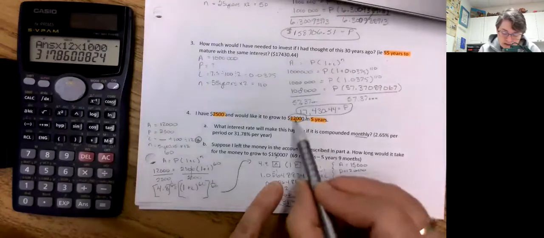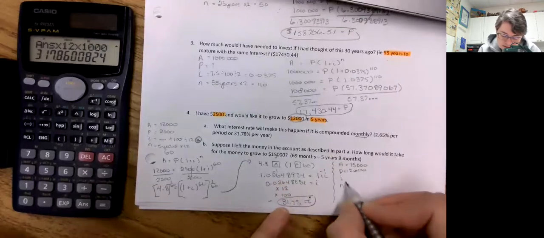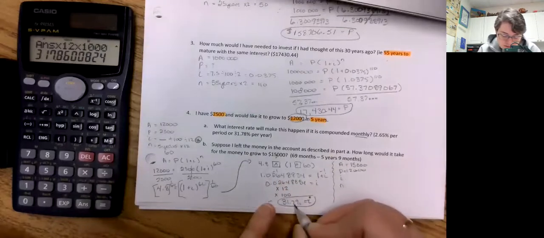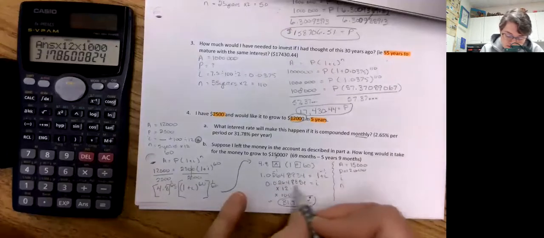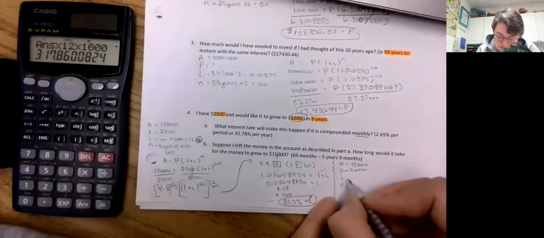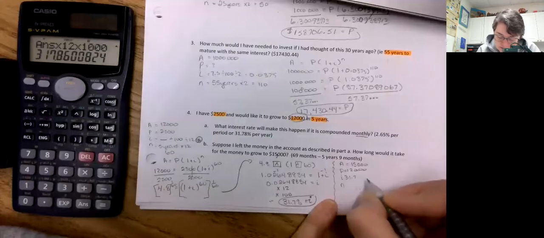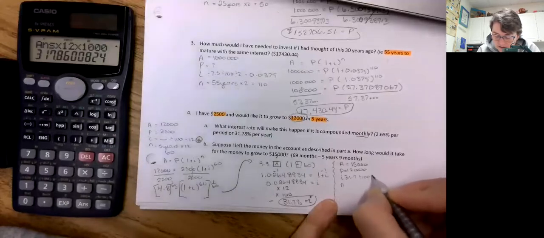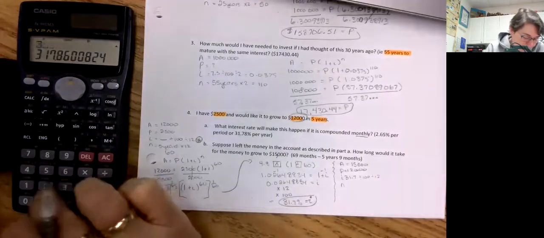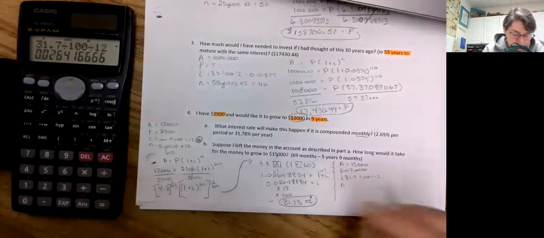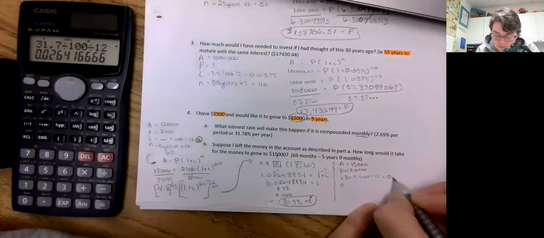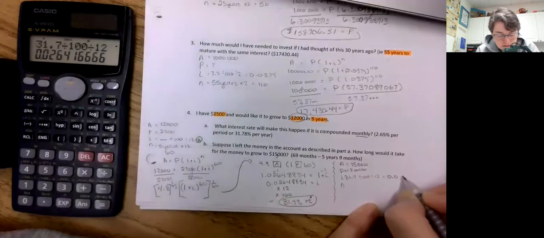So you left the money, you had the 12,000 there. So interest is this per year, but we would have taken that number and divided it by 12 and divided by 100. So 31.7 divided by 100 divided by 12. 0.026417.